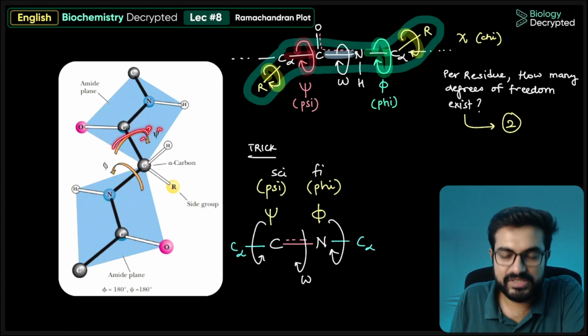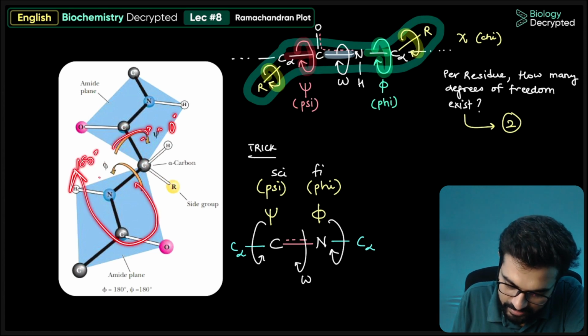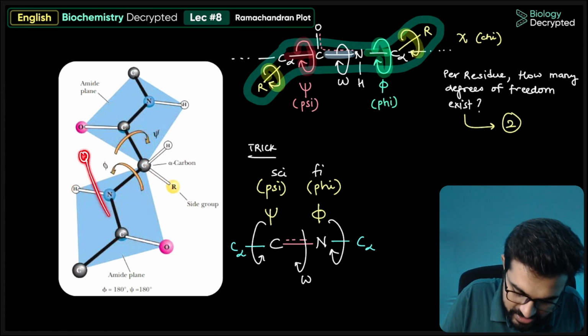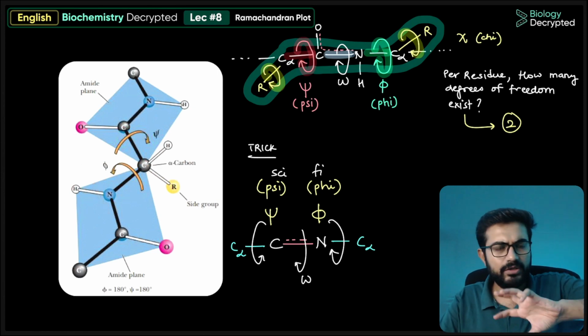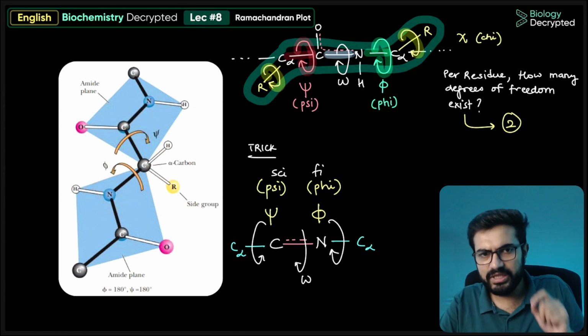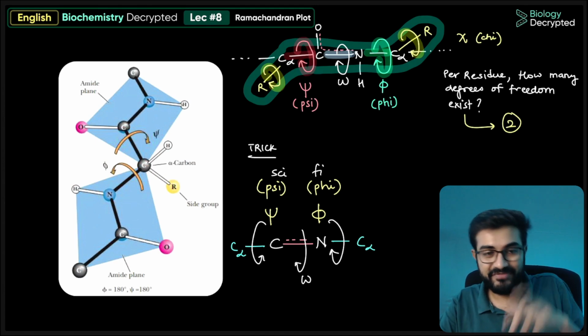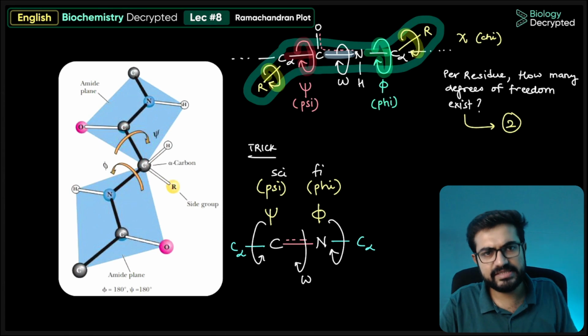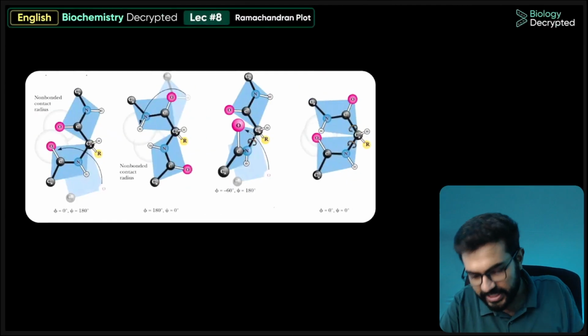Psi is 0 degrees, and if it is coming 180 degrees here, then this oxygen will come close and these will clash. Similarly, you can try different angles. There can only be a few angles which lead to stable, possible, favorable conformations, whereas others won't lead to favorable structures.